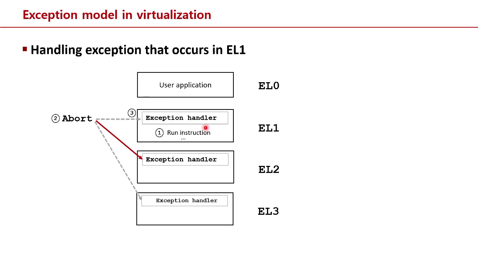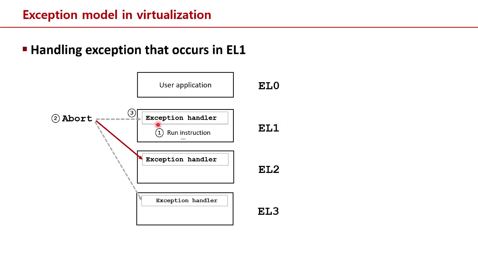That kind of scenario is implemented when there is only one operating system in your target board system. But if you configure the hypervisor control registers in the ARM architecture, then control is transferred to exception level 2 instead of exception level 1.